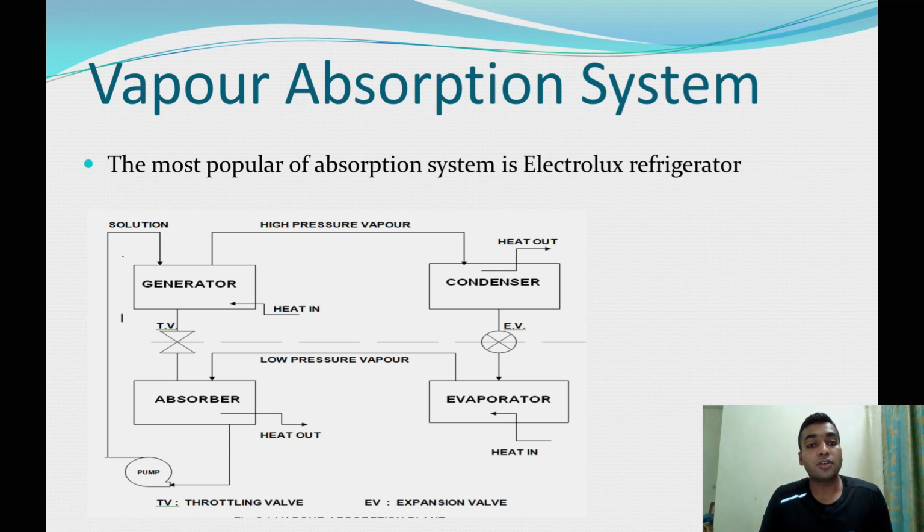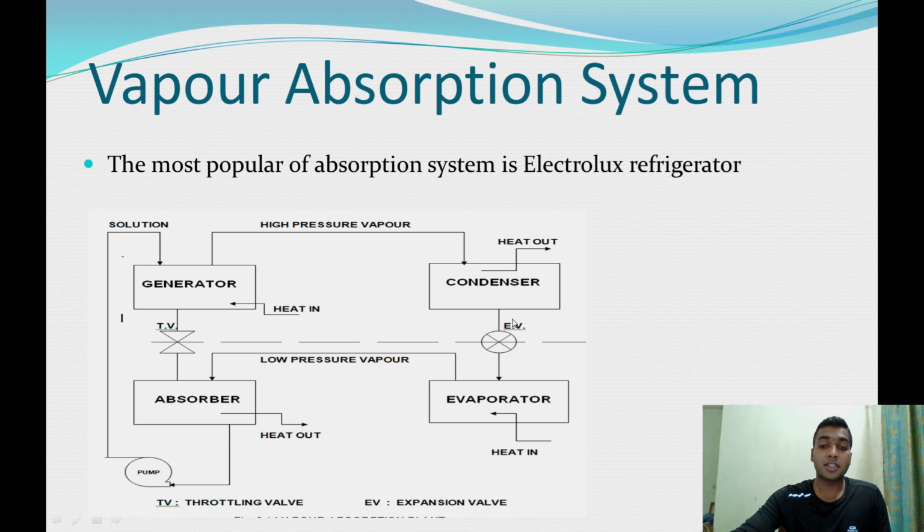Now I'll tell you the working of this vapor absorption system. At the outlet of the condenser, the liquid refrigerant is highly pressurized. You cannot send that highly pressurized liquid refrigerant to the evaporator because evaporation will not take place, so you fit an expansion valve in between.